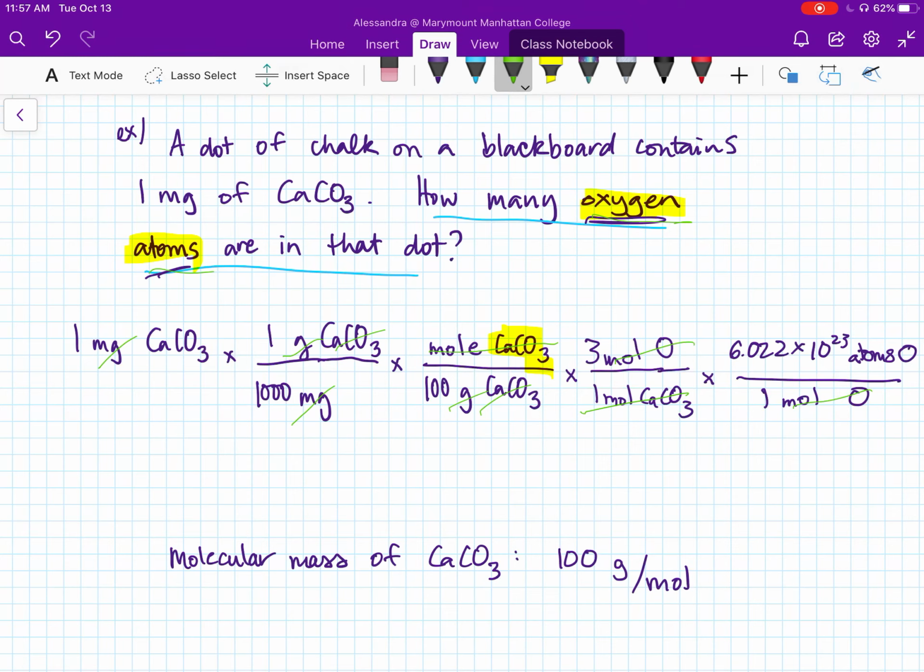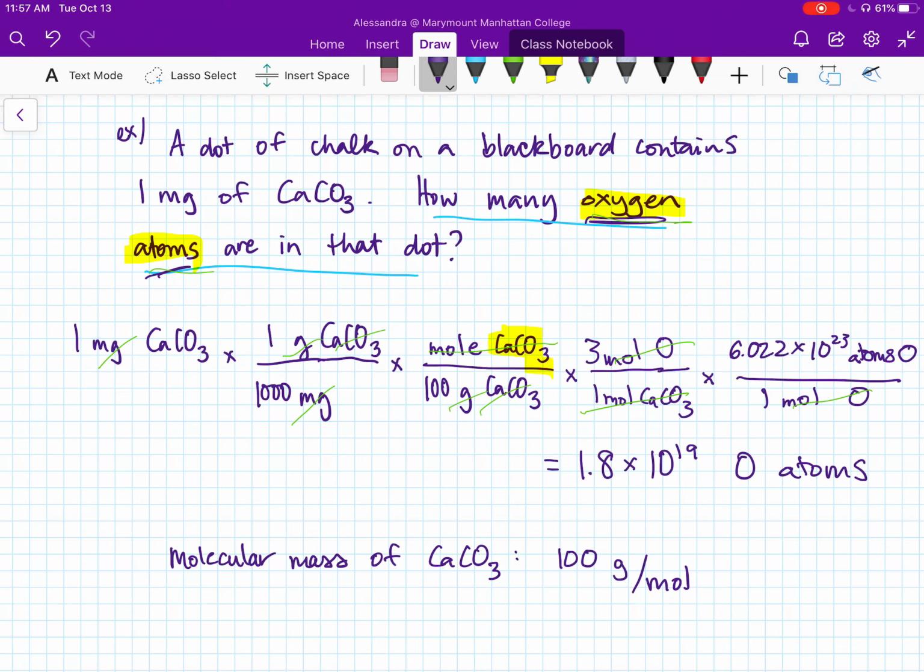So I can finally cancel out the moles of oxygen. And if I do all of the arithmetic here, that is going to give me 1.8 times 10 to the 19 oxygen atoms in that dot of chalk.